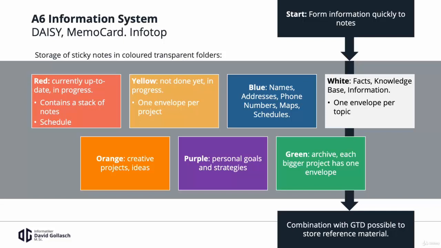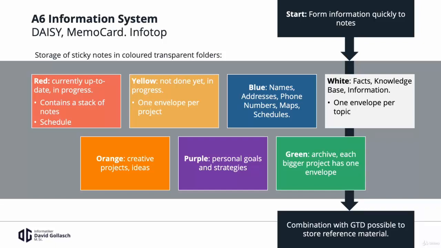First off, there is the DIN A6 information system, or as I've said, it could be as well called DAISY, memo card, Infotop. There are several names for it, but the primary intention is that you order everything that you have on your list, so all the tasks, projects, etc., into colored transparent folders, so small folders where you have some sticky notes or DIN A6 sized, so pretty small cards where you take down everything that's important, so where you have your notes on and so on.